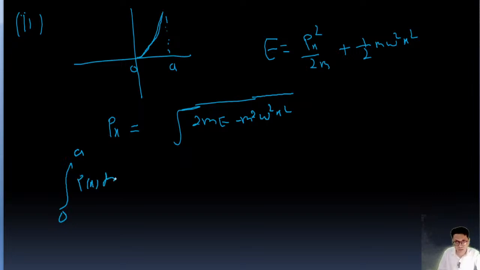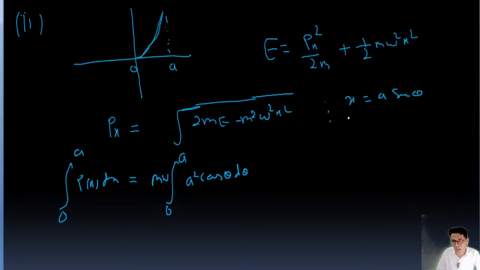The integral of px dx is simple, we'll put the value directly, and this is going to be m omega, from 0 to a, of a square cos square theta d theta, right? We have already explained the limits and everything there. X equal to a sin theta, and from here dx is a cos theta d theta.